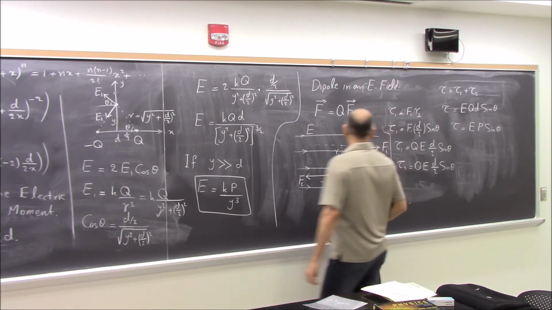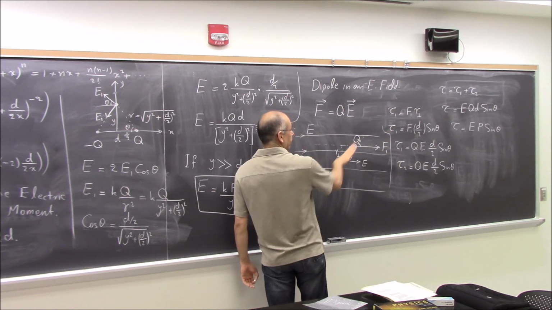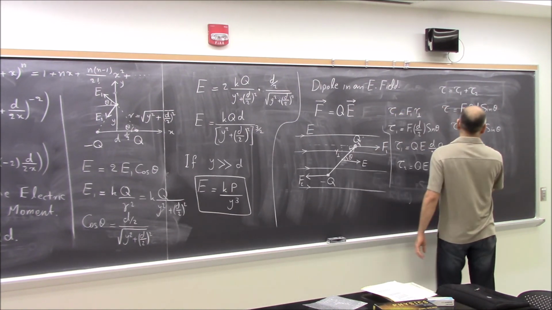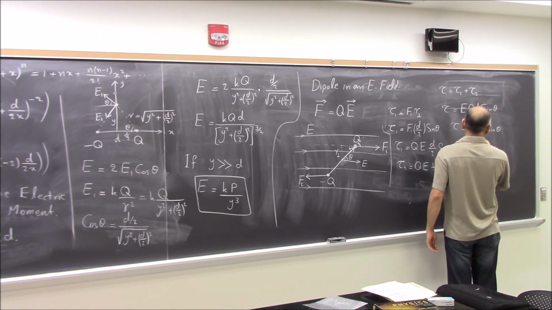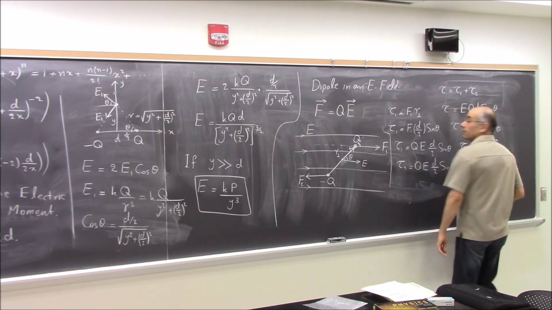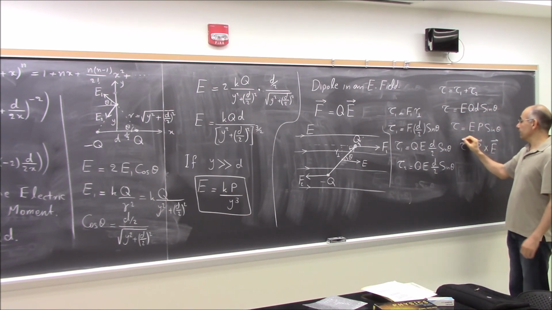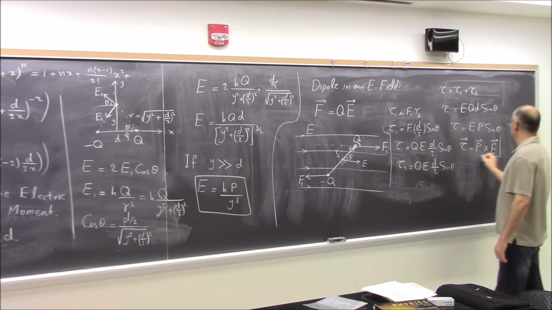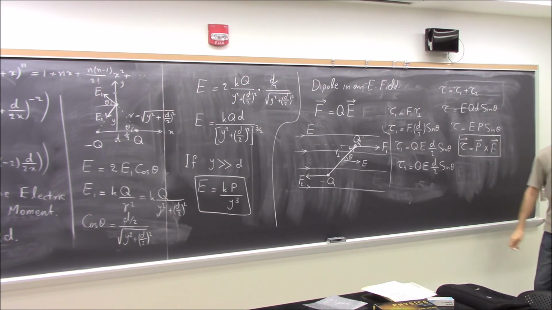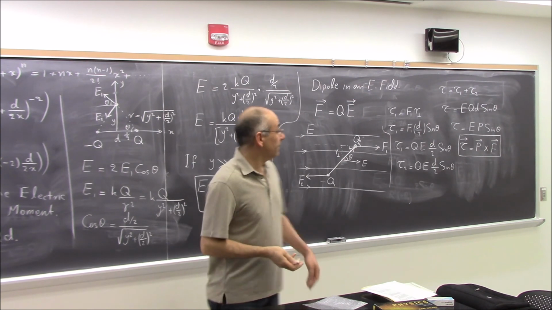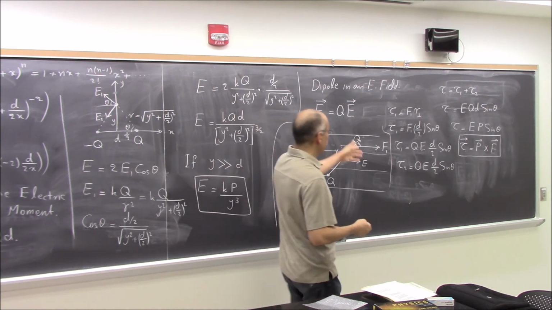And you can write it as the cross product of P and E. So tau is P vector cross E vector. And it is a vector equation. You can always write it like that. Of course, I could be more mathematically rigorous and talk about the cross products here.